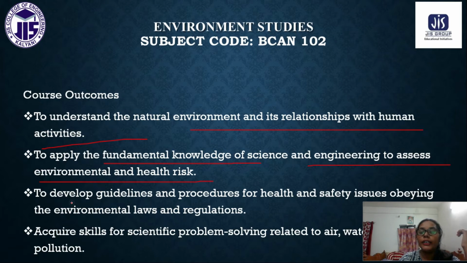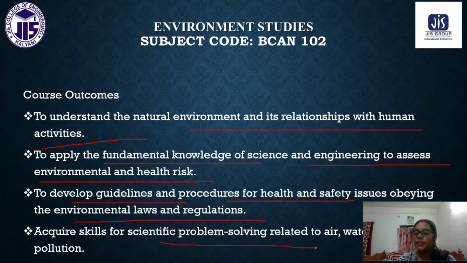You can also develop the guidelines and procedures for health and safety issues, obeying the environmental laws and regulations, and also you can acquire the skills for scientific problem solving, which can solve many problems related to air, water, land, and noise. So all these are the course outcomes.